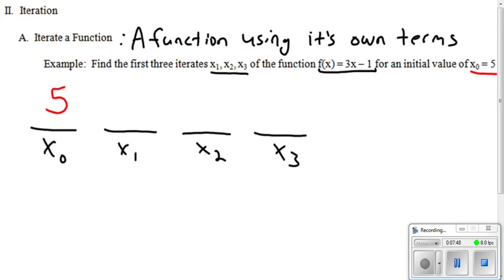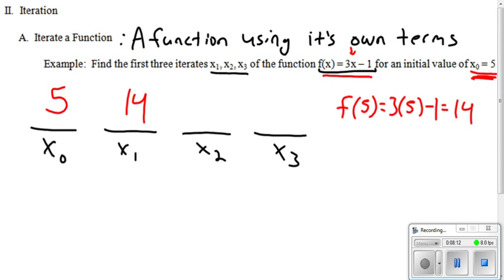Then to find our next one, we have to plug it back into our formula. So we would say the next piece is going to be f of 5 equals 3 times 5 minus 1. So we're just plugging our 5 from here into our formula. 3 times 5 is 15, minus 1 is 14. So 14 is going to be our next term here.